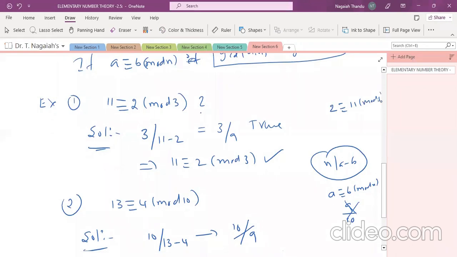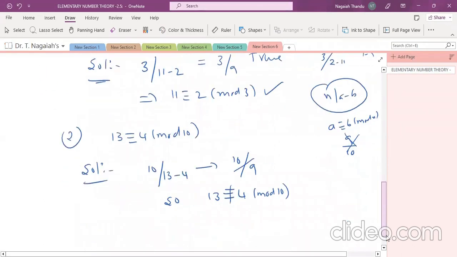This is one of the properties. 2 congruent to 11 modulo 3 means 3 divides 2 minus 11, that is, 3 divides minus 9. Minus 9 is divisible by 3. Yes, it is correct. So a congruent to b is the same as b congruent to a. This property is known as the symmetric property.